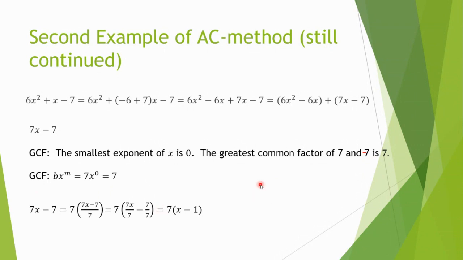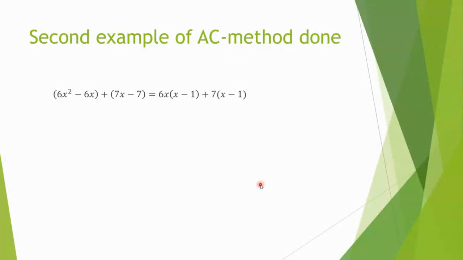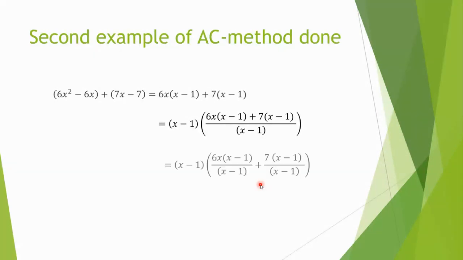I know we have about 4 minutes left, so I really want to finish this. Putting those in, you can see that we have a common factor of x minus 1. So we factor that out. You pull it out, you divide into each term to see what's left, and you get this.